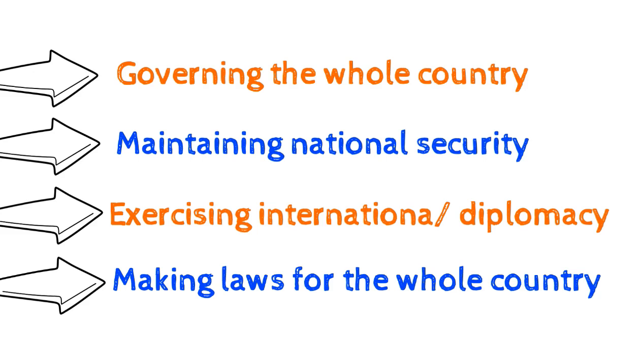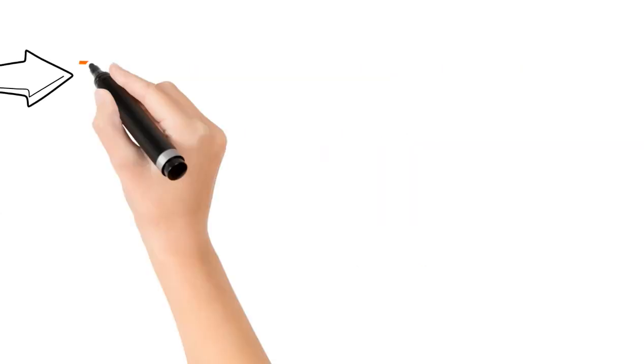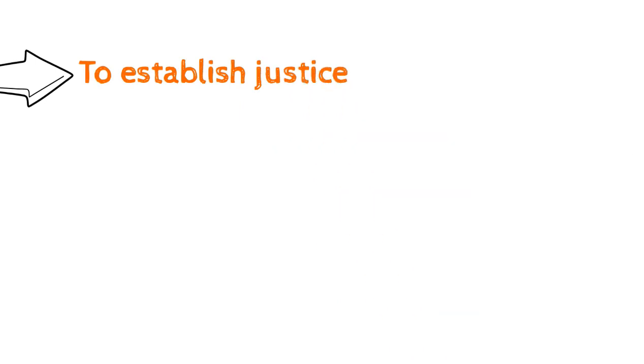Number 5, to establish justice. The central government is mandated to enforce the rule of law. It operates a system of laws and courts that, point 1, make all citizens equal under the law.